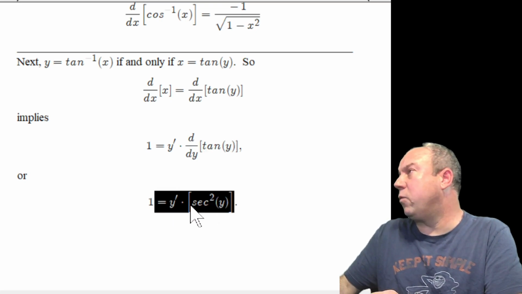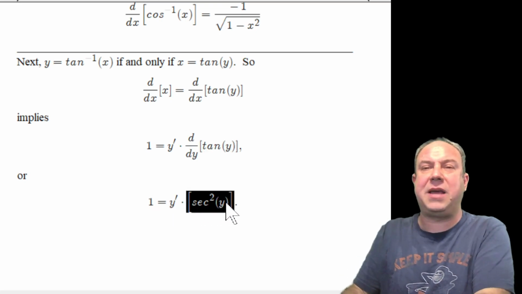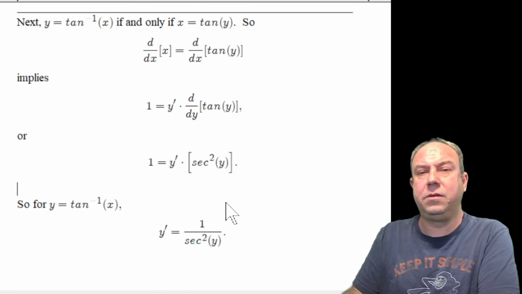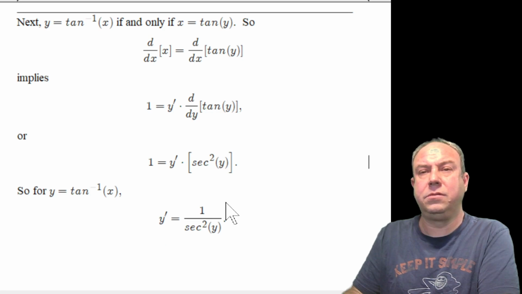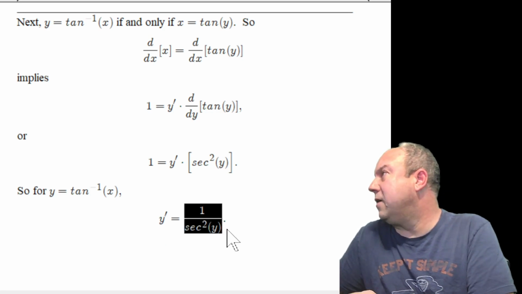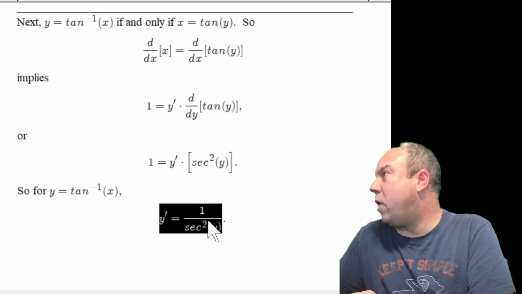Now, solving for y prime, we divide both sides by the secant squared. And we end up with 1 over the secant squared of y for our value for y prime.